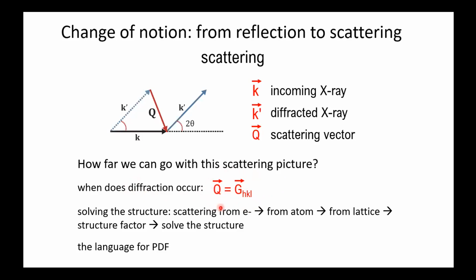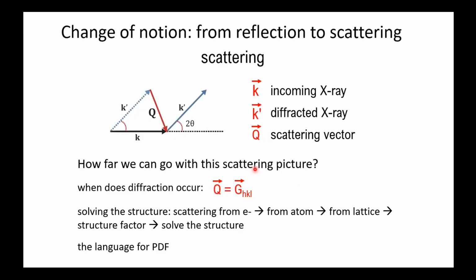And there are some standard mathematical derivations telling us how this conclusion can be reached. But this conclusion is saying that diffraction occurs only when the scattering vector, this Q, is also a vector in the reciprocal space, which is depicted by this G. Only when Q and G are in the same direction and also of the same magnitude does a diffraction phenomenon occur.